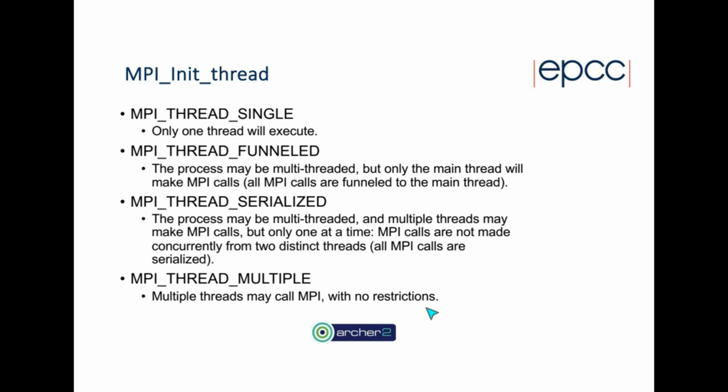And there's serialized, which does map onto the serialized pattern. The process may be multi-threaded and multiple threads may make MPI calls, but only one at a time, so MPI calls are not made concurrently from 2 different threads. Then thread multiple, which is the difficult one to implement, is where multiple threads can call MPI with no restrictions.